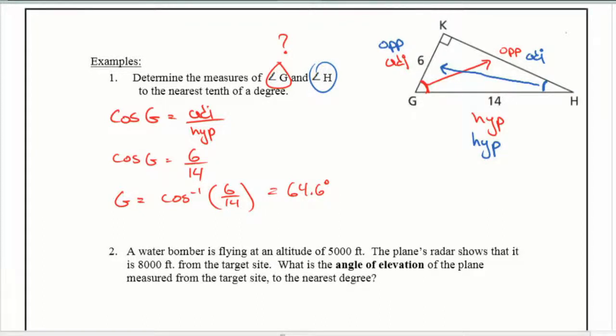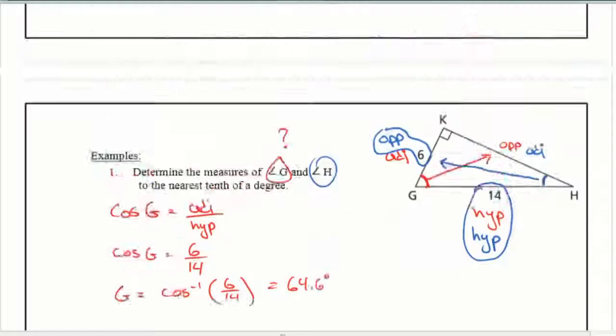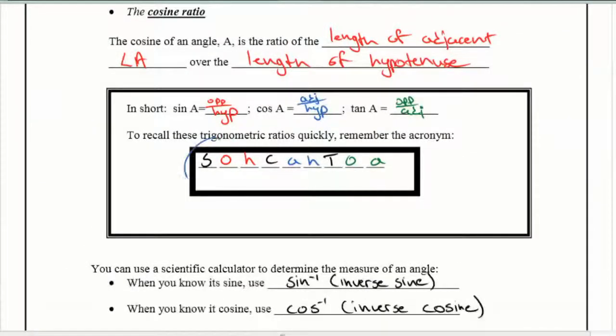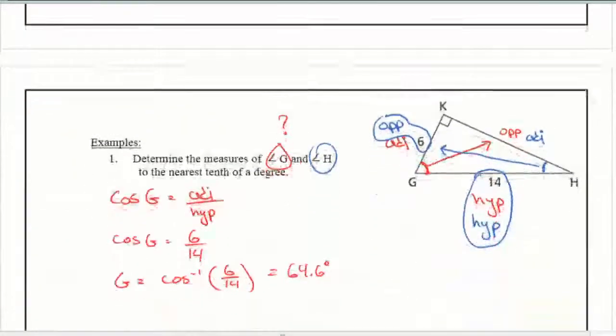So if I want to find angle H, what am I dealing with? Well, I'm dealing with the side that is opposite, because I know that, and I'm dealing with the hypotenuse. So if I think of SOHCAHTOA, I have opposite and hypotenuse. Sine is equal to the opposite divided by the hypotenuse, or SOH: sine, opposite over hypotenuse.